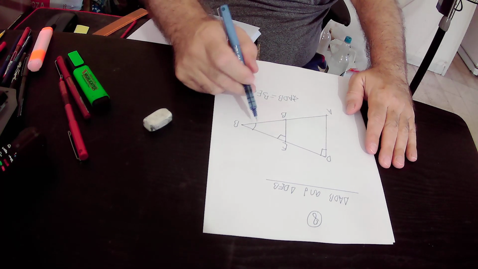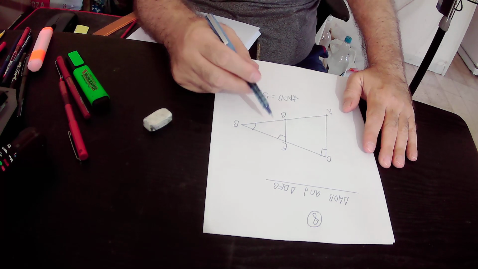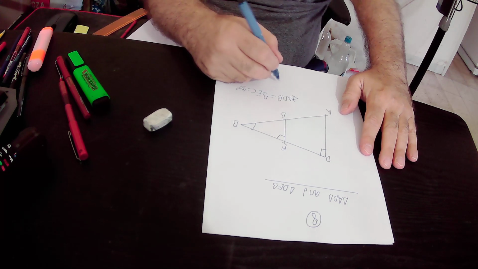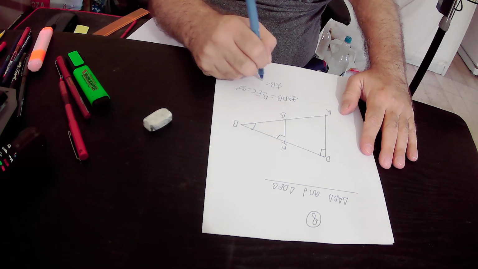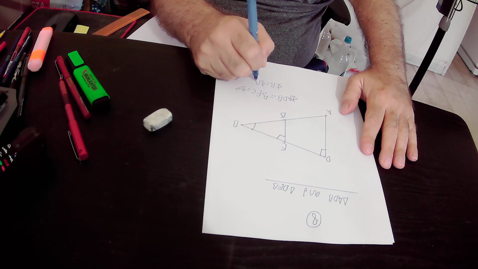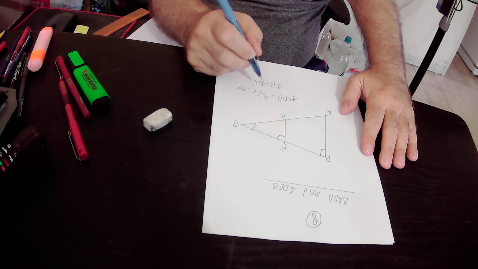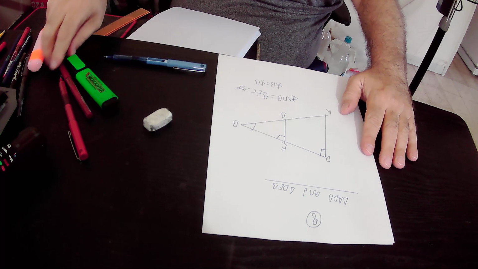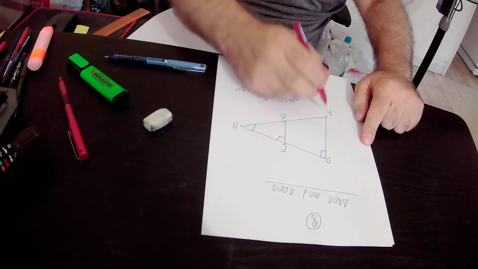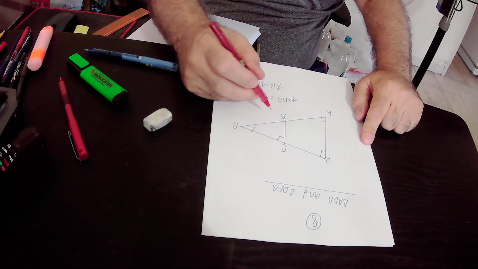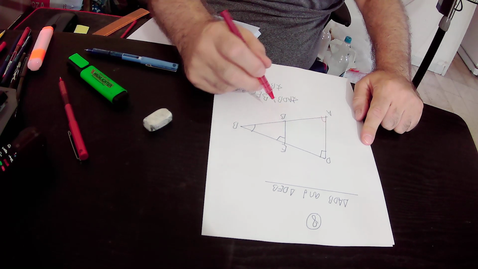It belongs to both triangles. So angle B equals angle B. And the third angle, angle DAB, must also be equal to angle EOB.